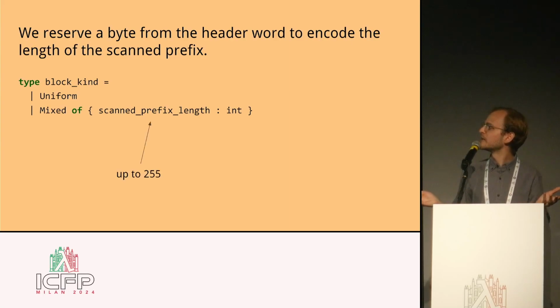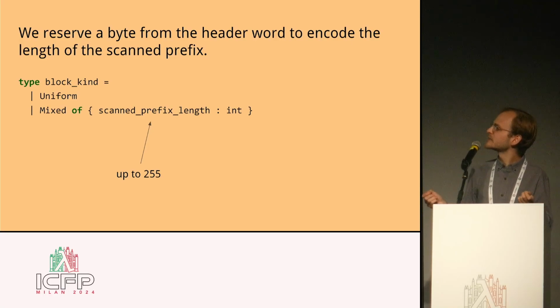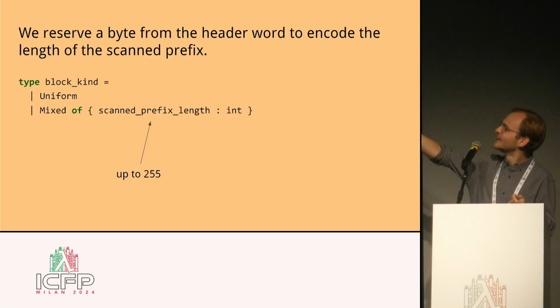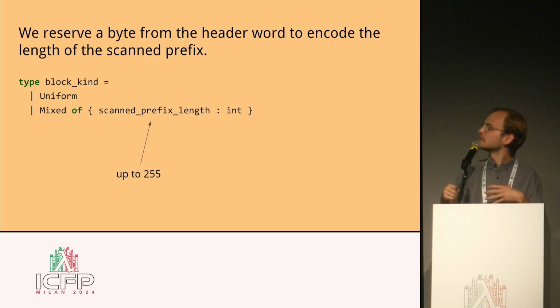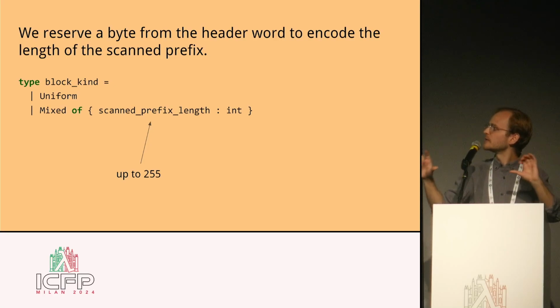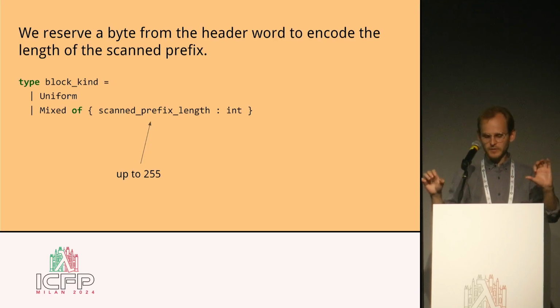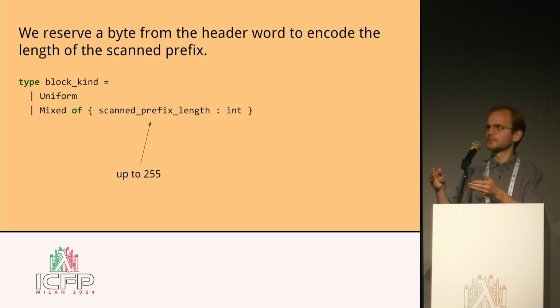It happens to be in our design, and this may preview how many bits we have stolen to make this work, that only up to 255 scanned words are allowed for something to be encoded in this way.